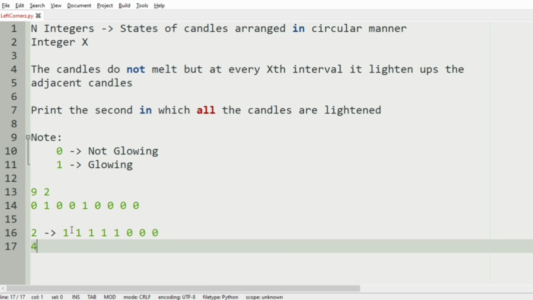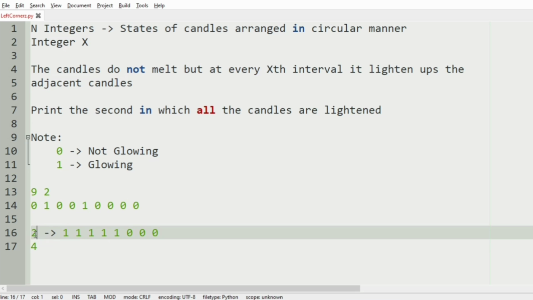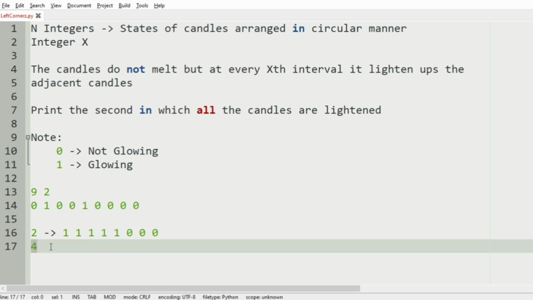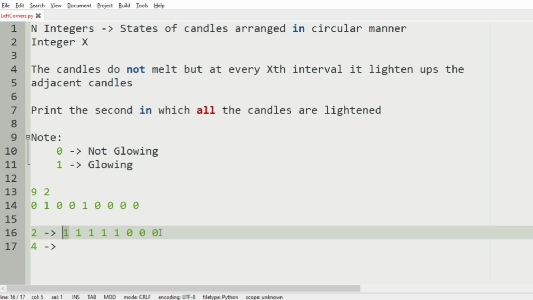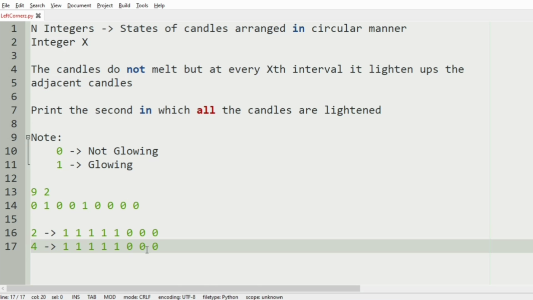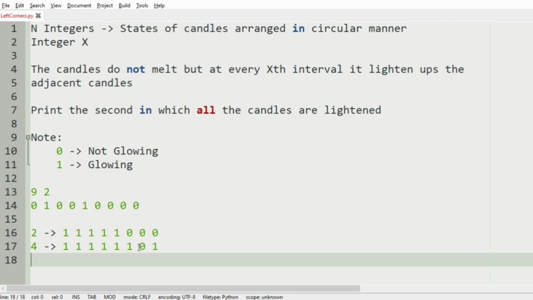For the next interval, we move every 2 seconds. So for the next interval, this candle will light up this candle as it is in a circular manner, and this candle will light up this candle. So this will be lightened and also this will be lightened.